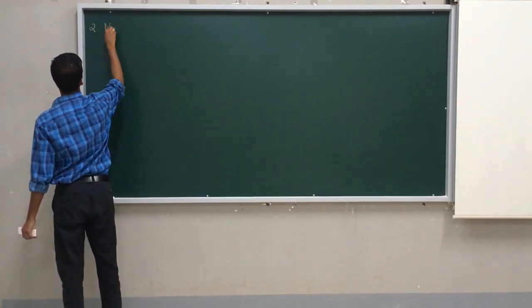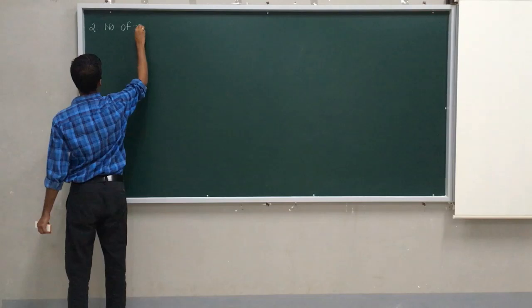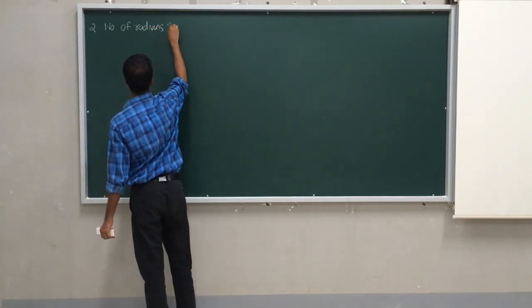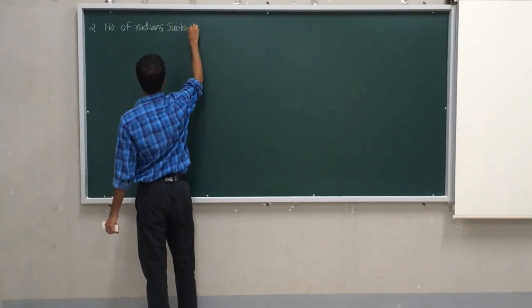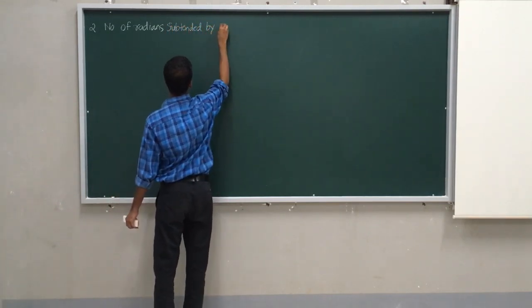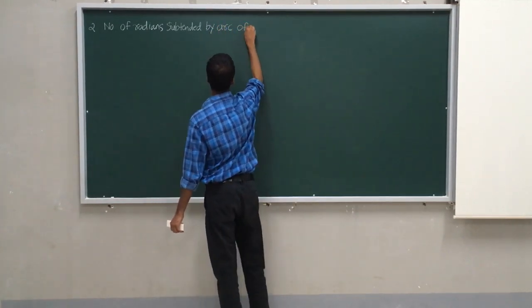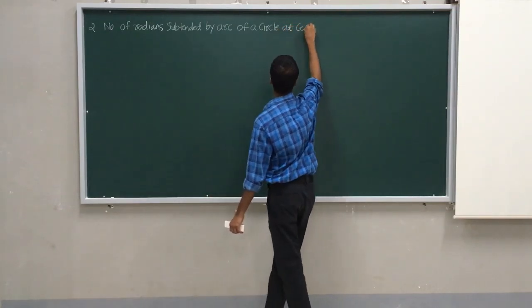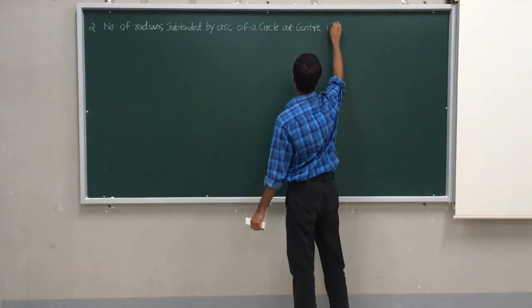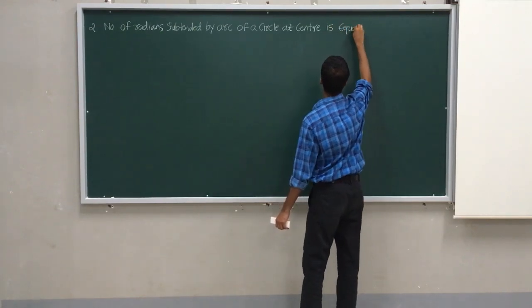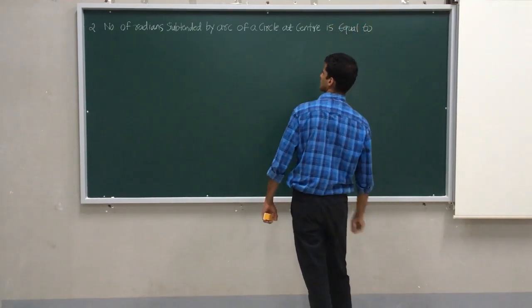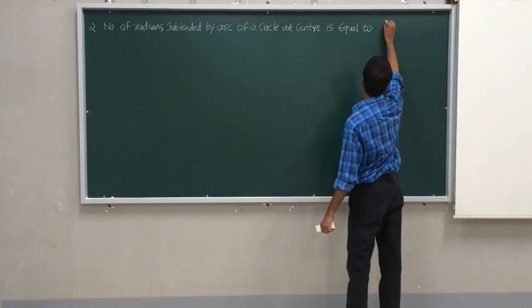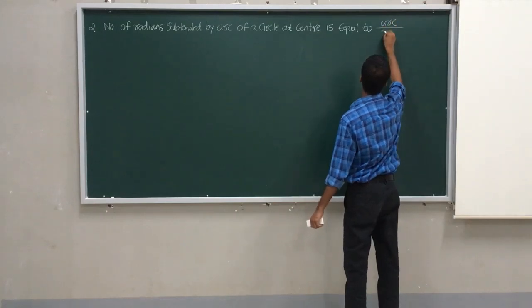Number of radians subtended by an arc of a circle at center is equal to arc divided by radius.